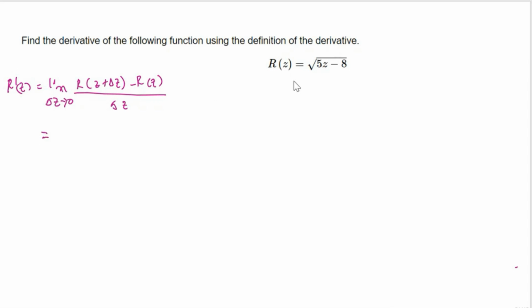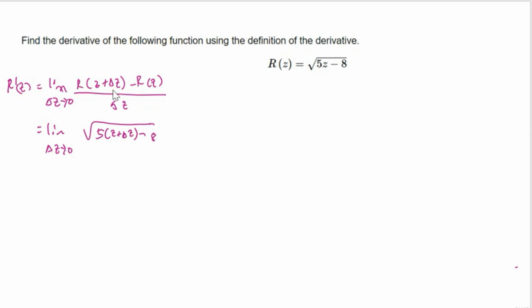Now, replacing the value of z with z plus delta z, we have the limit as delta z approaches 0. We have the square root of 5z. So instead of writing z, we are going to replace it by z plus delta z, minus 8.